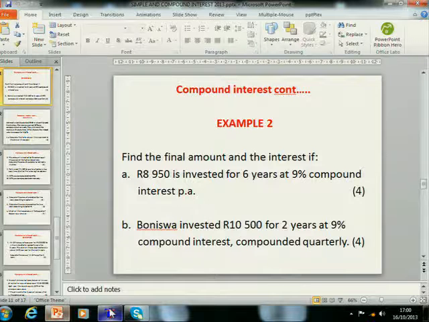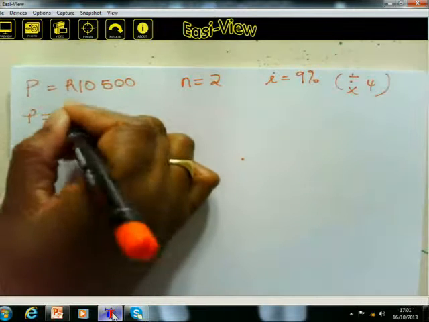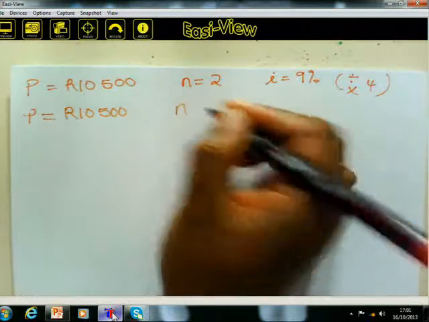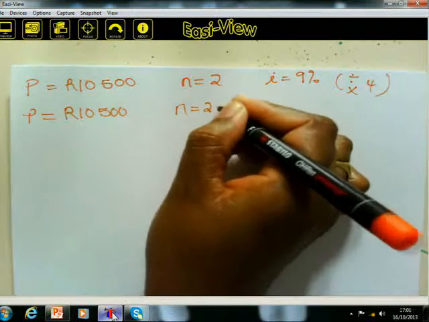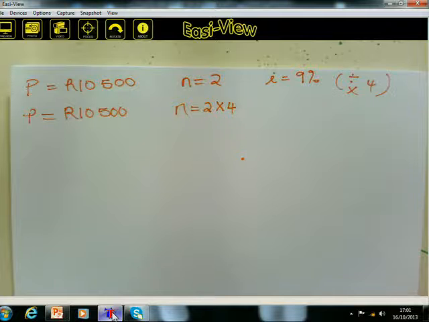So let's try to solve this. What do we have? Principal amount 10,500. The number of years, it's 2 years. The interest, it's 9%. And everything must be compounded quarterly. So now let's just bring down this 10,500. And then N, we know that 2 must be multiplied by 4 because it's compounded quarterly.